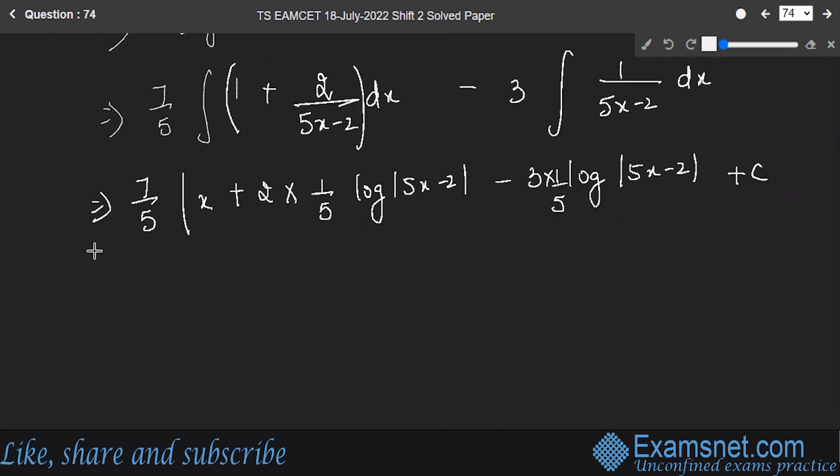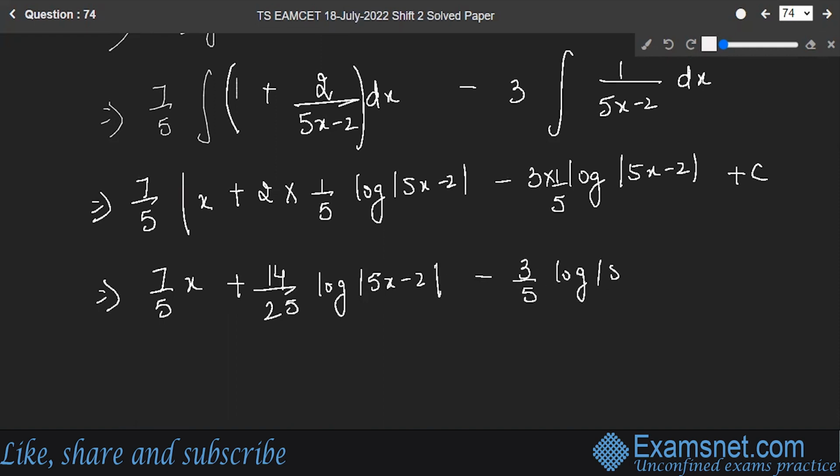So this is gonna give me 7 by 5 x. And this is gonna give me 14 by 25 log of (5x minus 2) minus 3 by 5 log of (5x minus 2) plus c.